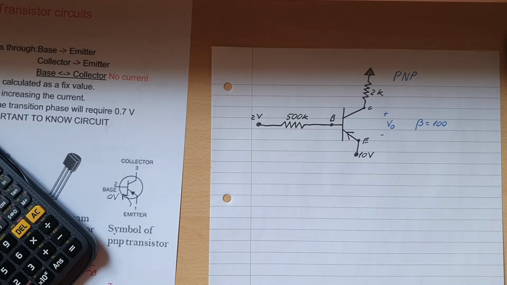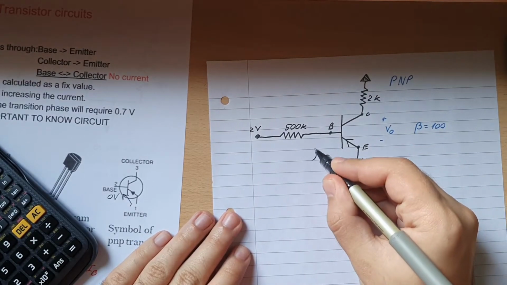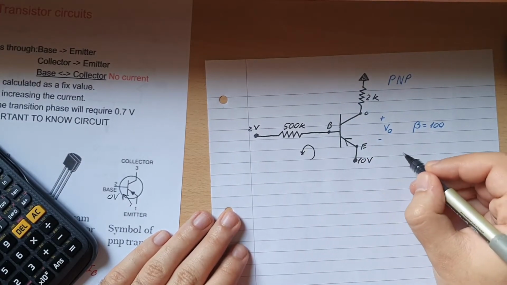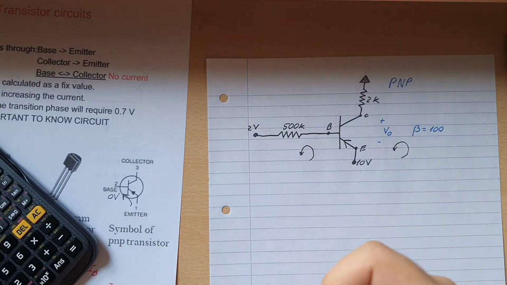Let's see. So the direction we choose doesn't really matter. What matters is that it's the same for both ways. So let's do it in this way as well. And let me mark with another color.